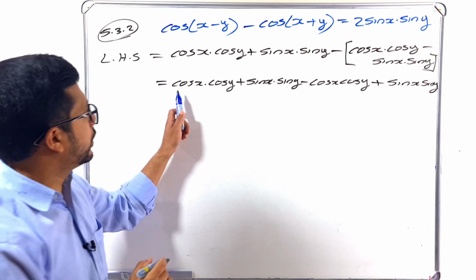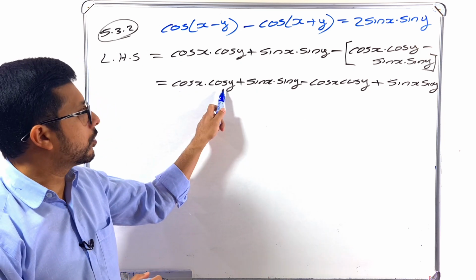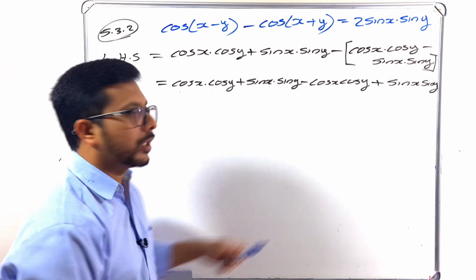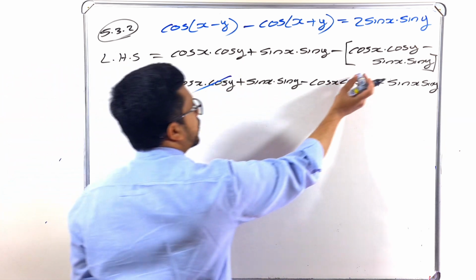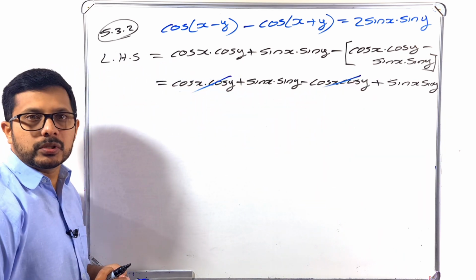So here you can see that this is positive cos x cos y, this is negative cos x cos y, so we can cancel this positive cos x cos y and minus cos x cos y.